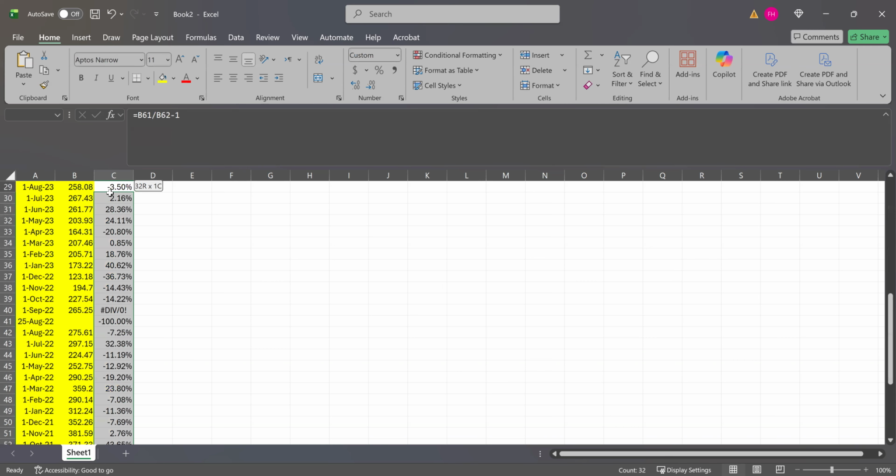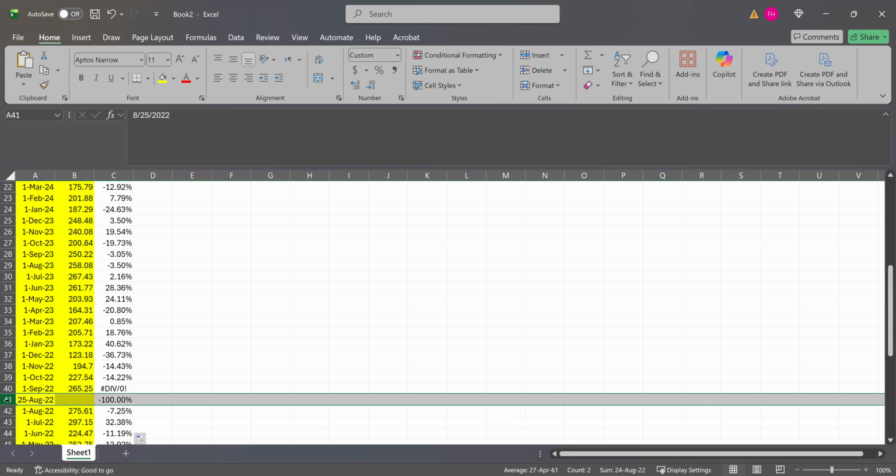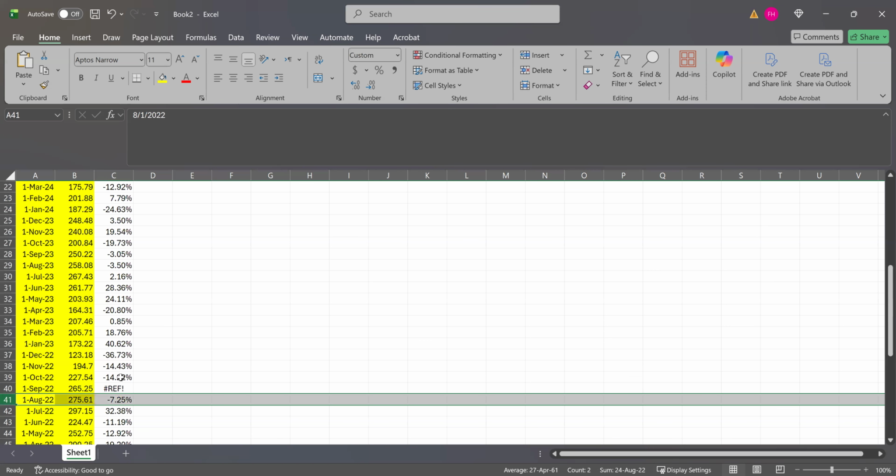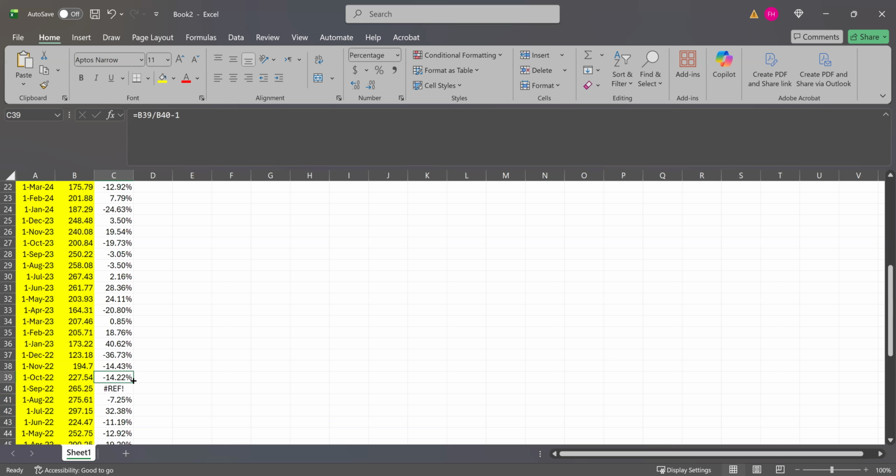So as you can see so far, and here let me check something. So I'm gonna delete this cell, August 25th, 2022. Sometimes when you download the stock prices, let's say there are splits, which is the case of Tesla, you're gonna see additional rows.